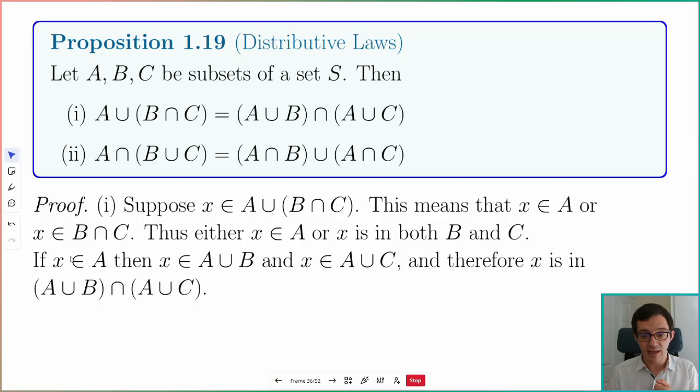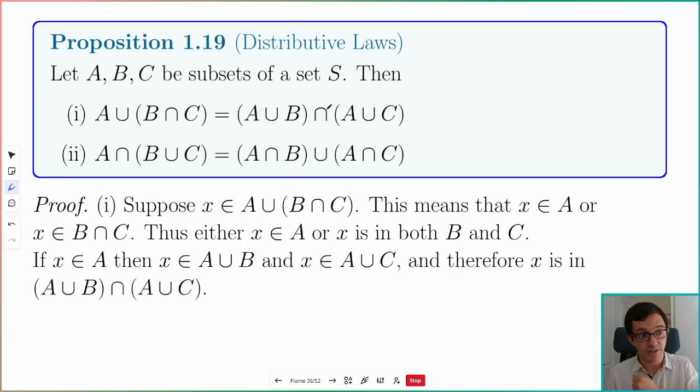If X is in A, then it's definitely in A union B, this thing here, and it's definitely in A union C from the definition of those things, and because it's in both, it's in the intersection of those things. So that's one possibility, that X might be just in the left-hand side because it's in A, in which case it's definitely in the right-hand side because it's in here and it's in here.